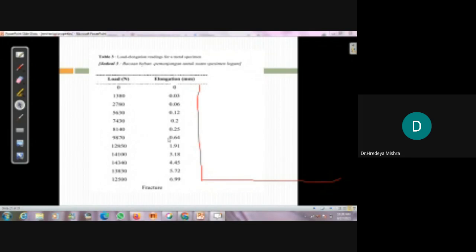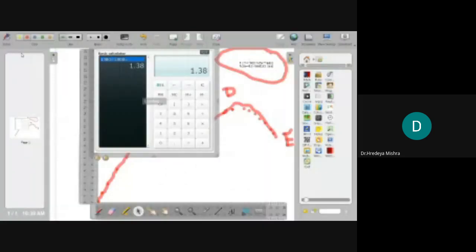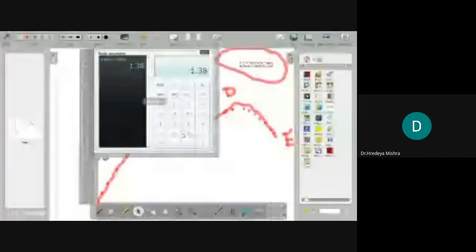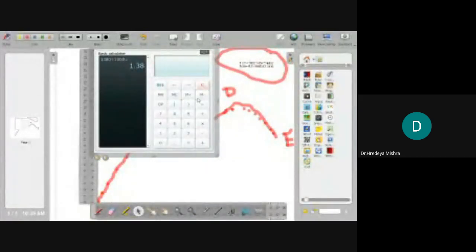Okay, and how do we calculate here? Because we get 1 centimeter is equal to 0.5, for 0.03 we just divide by 0.5 to get the centimeter.